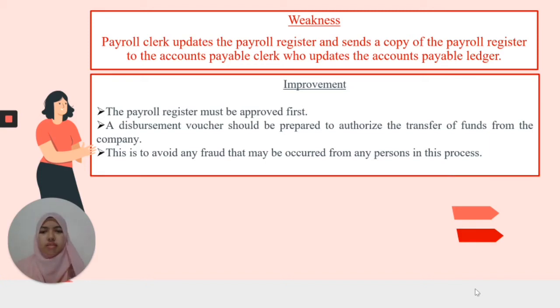The disbursement voucher should be prepared to authorize the transfer of funds from the company. This is to avoid any fraud that may occur from any persons in this process. So if there is no disbursement voucher, there might be a middleman who might commit fraud.